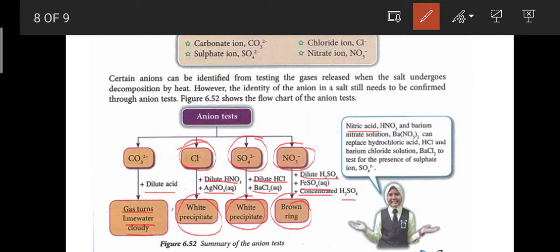So nitric acid and barium nitrate solution can replace hydrochloric acid and barium chloride solution to test for the presence of sulfate. Okay, sulfate ion. So HCl can be replaced here with barium nitrate solution and also nitric acid. Okay.